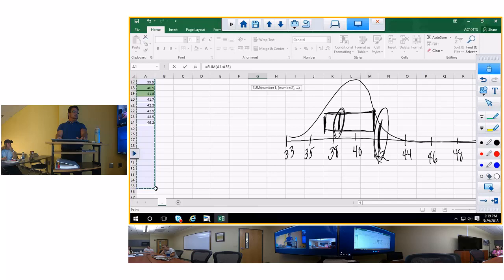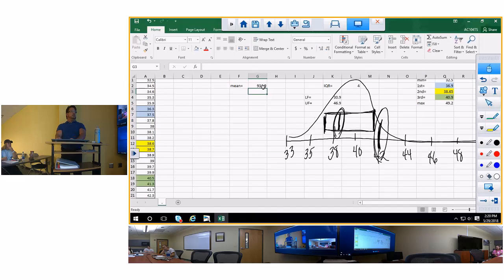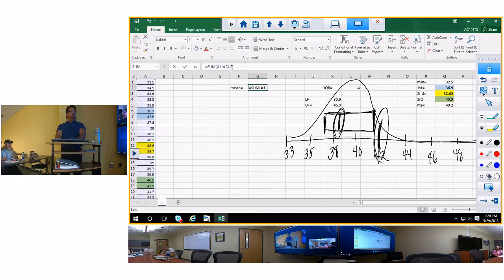Enter. Divided by 24. Okay, there's the mean. So I'm going to take x minus the mean, so equals this minus this, F4, copy down.